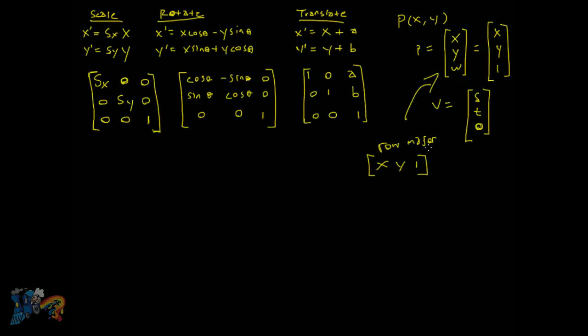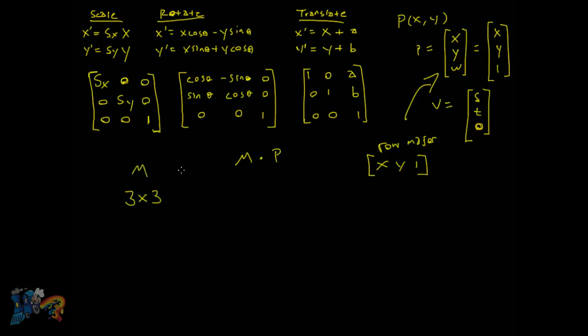Now, one of the things you should have probably asked yourself if you didn't know already is, why did I take the point and multiply it on the right hand side of the matrix? Why am I taking a point and multiplying it by some matrix M, and not multiplying it by some matrix M like this? Well, if you look at this, all these matrices are 3 by 3, right?